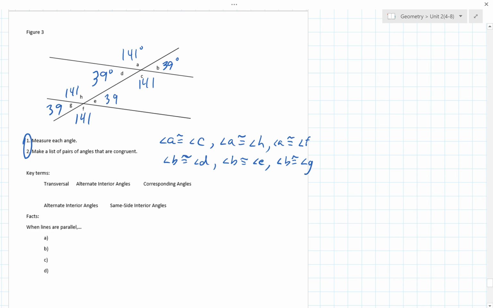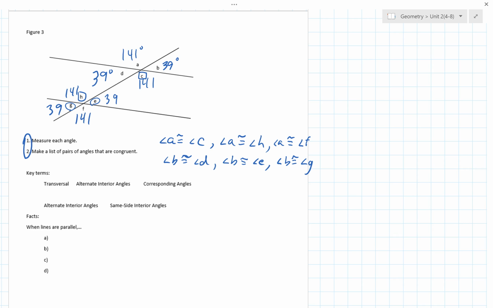We also have some other pairs that I haven't listed yet. For example, G and E are congruent, and H and C are congruent, and so on. So I've only listed a few of the pairs. You should have an even longer list of all the angles that match up.